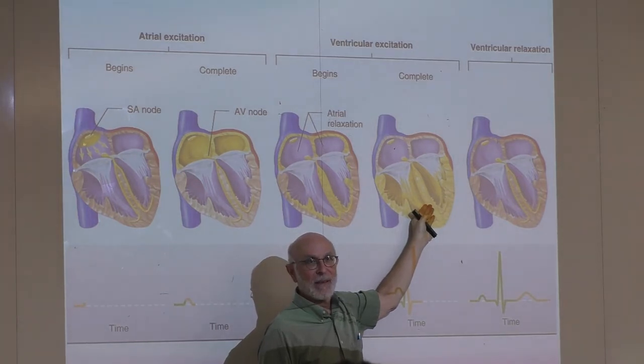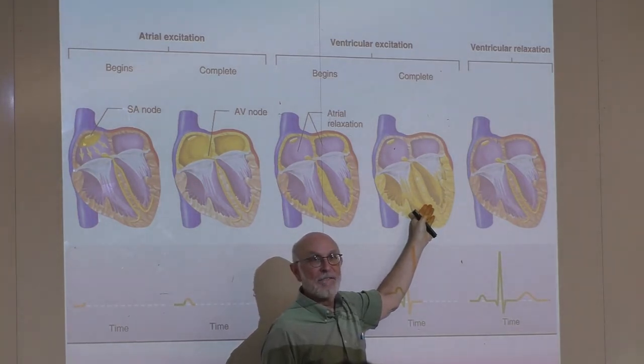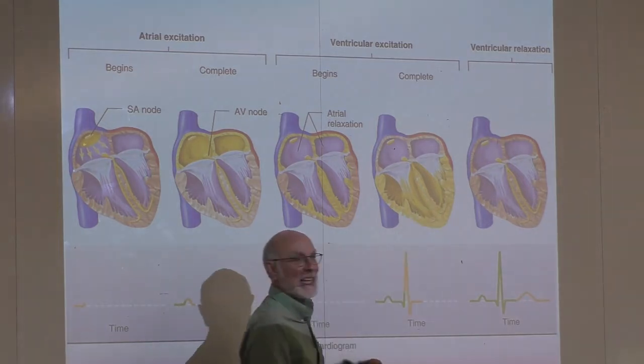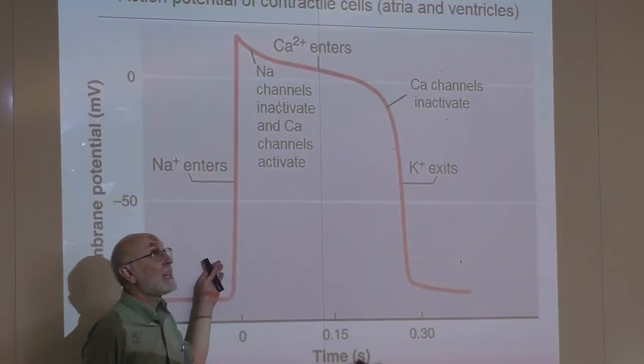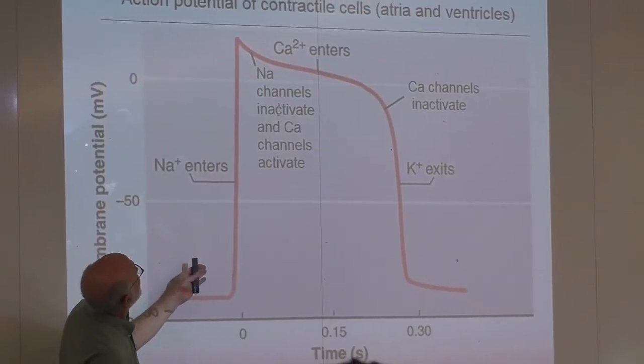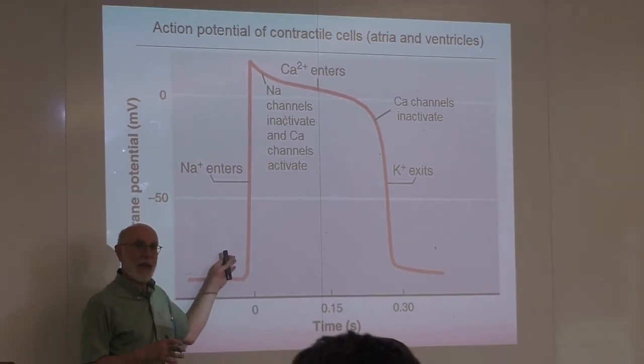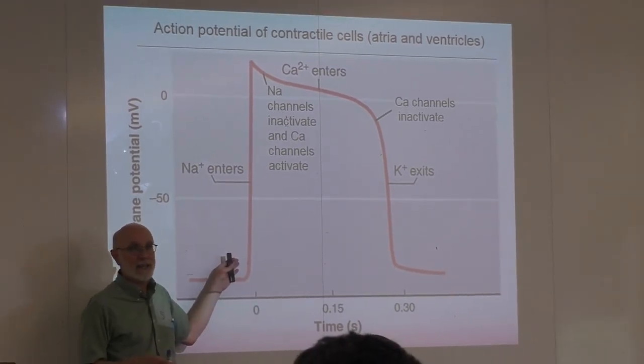When the ventricles contract, the contractile cells go through the same process as the atria. The atria and the ventricles look almost exactly the same.